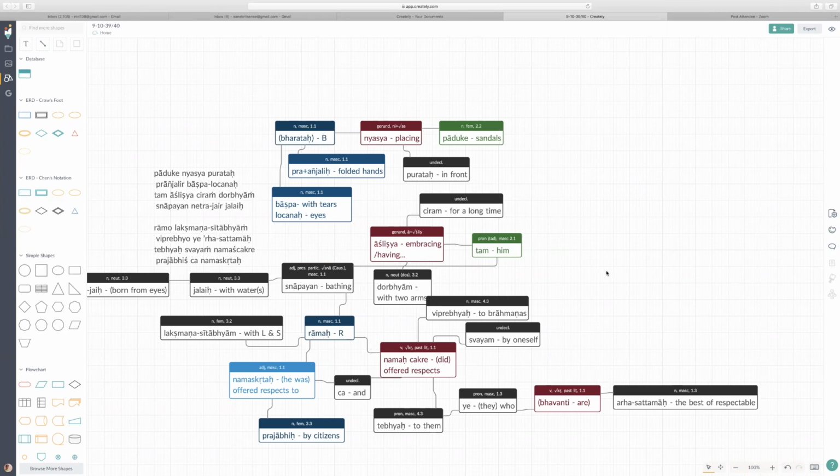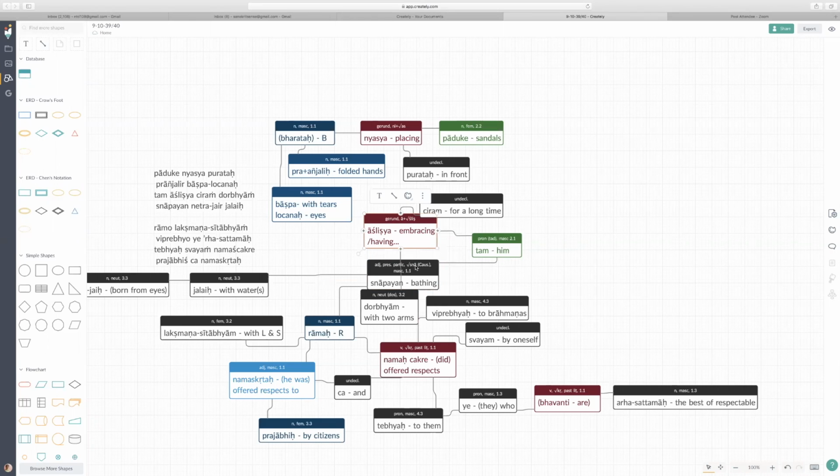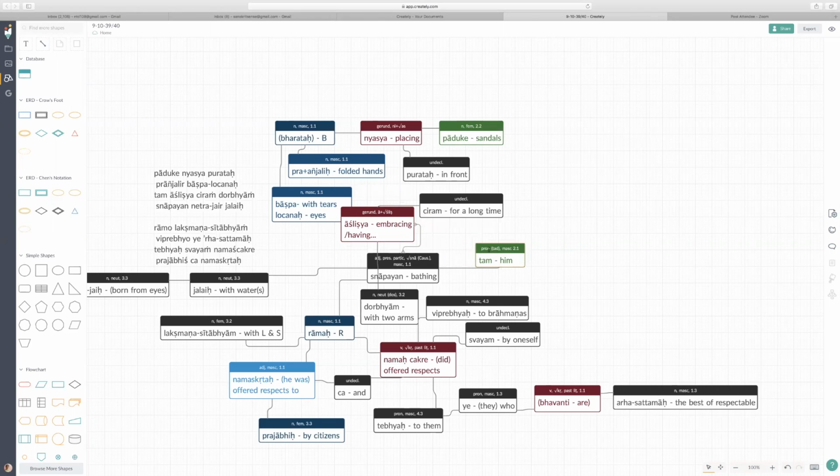So I think what we will do is we'll connect like this. This will be kind of a verb, and the object of snapayan will be Bharata. Bharata, and this will be just connected to snapayan, embracing.